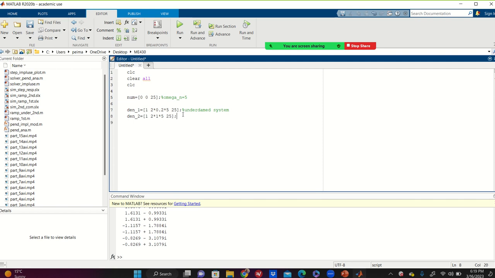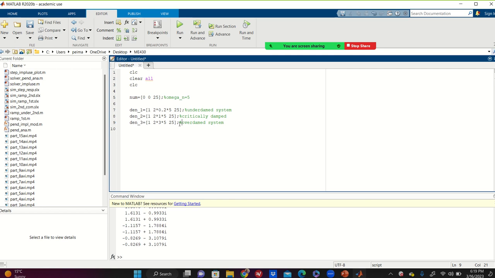For critically damped, den 3: 2 zeta for the overdamped system, where zeta is greater than 1, 2 zeta omega n and omega n squared, for the overdamped system.